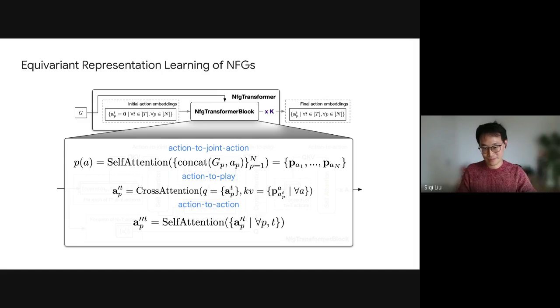For instance, if you want to predict payoff, you can take some of these action embeddings and train a decoder that decodes the expected payoff. Or if you want to solve for Nash equilibrium, you can design the decoder in different ways. This is a unified way to encode the game into action embeddings. And done this way, the action embeddings will be permutation equivariant. So if in the input game you were to swap rock and scissors, in the embedding space they will be swapped as well.